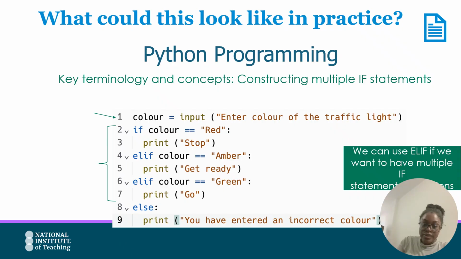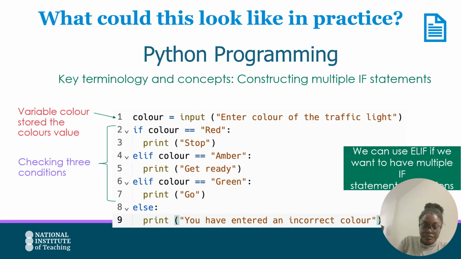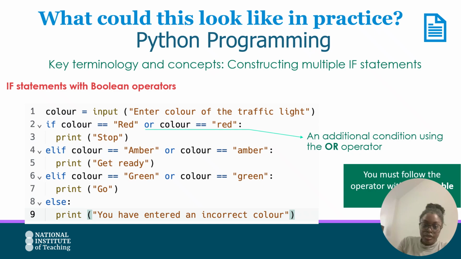We've then got if and we've got elif as well. Okay, so we've got our variable color that stores the color's values and then our three conditions. So I might show a student this in its basic form. I could then show them an alternative to this.